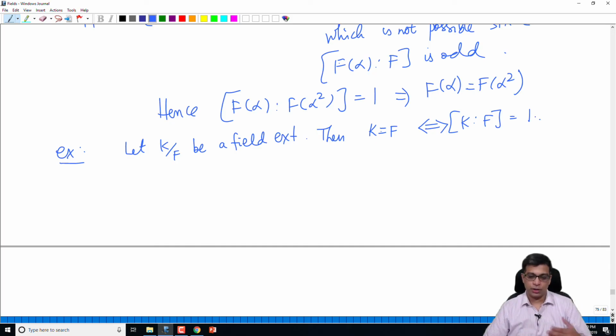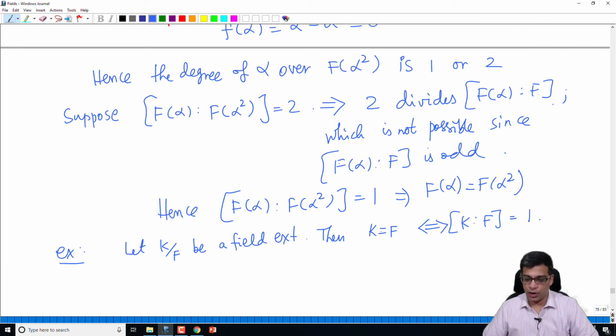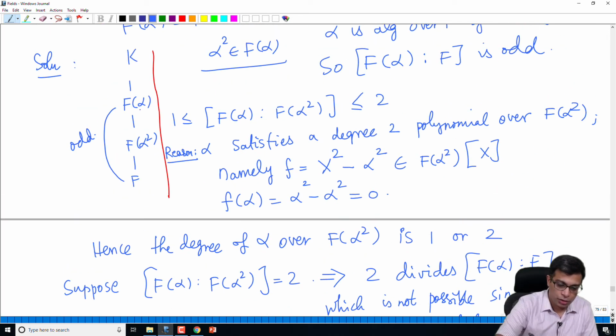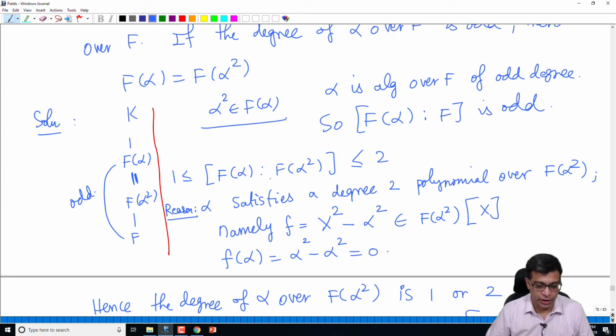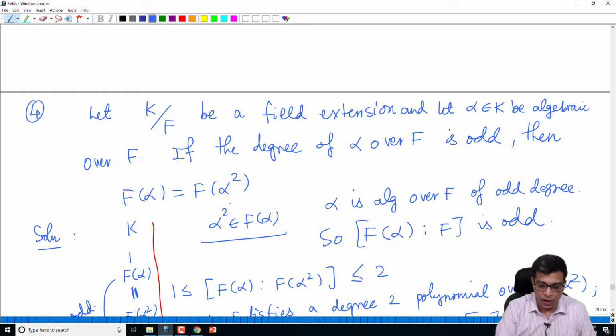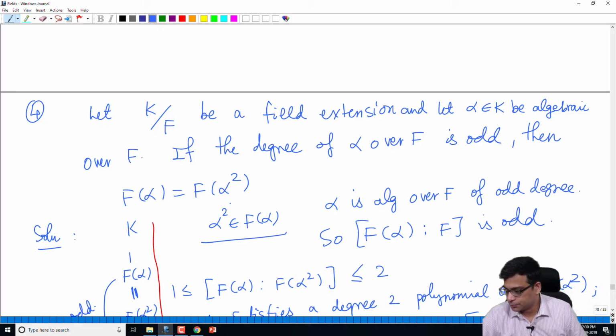The degree is 1. So [F(alpha):F(alpha squared)] is 1. That means F(alpha) is equal to F(alpha squared). So this is a nice convenient statement. Sometimes that's useful to you. If you have an algebraic element whose degree is odd, then if you take the field generated by the square of it, it's the same field.